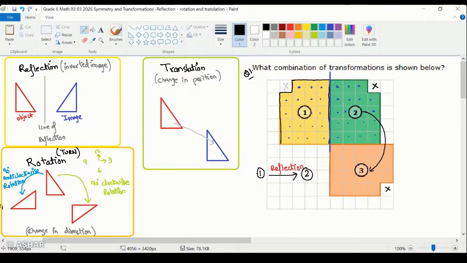Agreed? That means from 2 to 3 it should be a rotation. Do we agree?